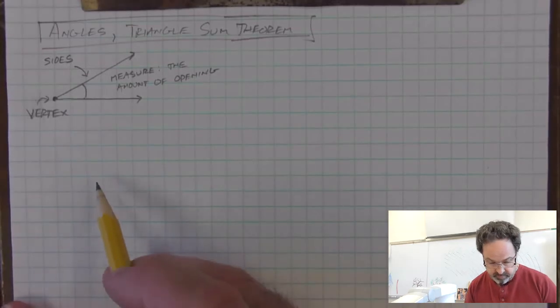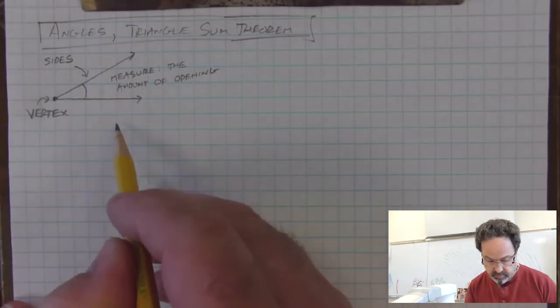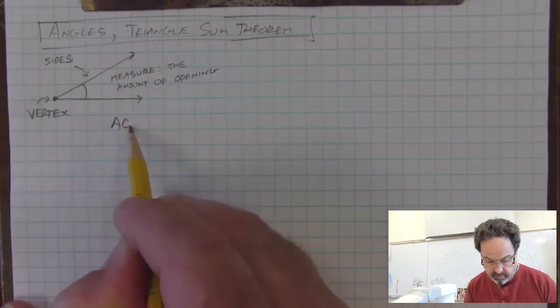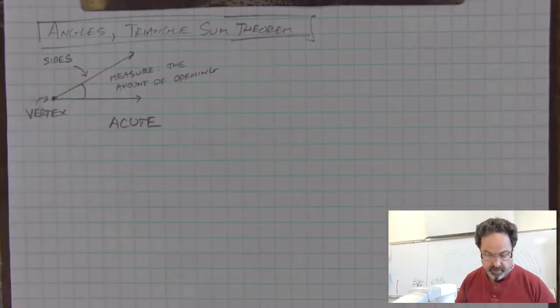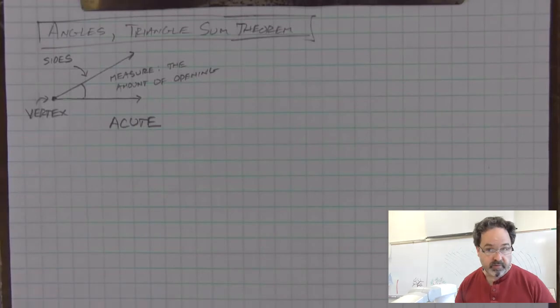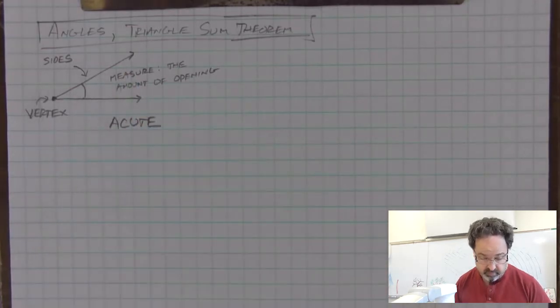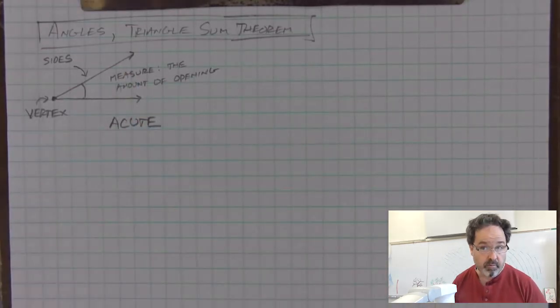We have names for angles that have different sizes based on their degree measure. This angle has a fairly small degree measure. We call it acute.